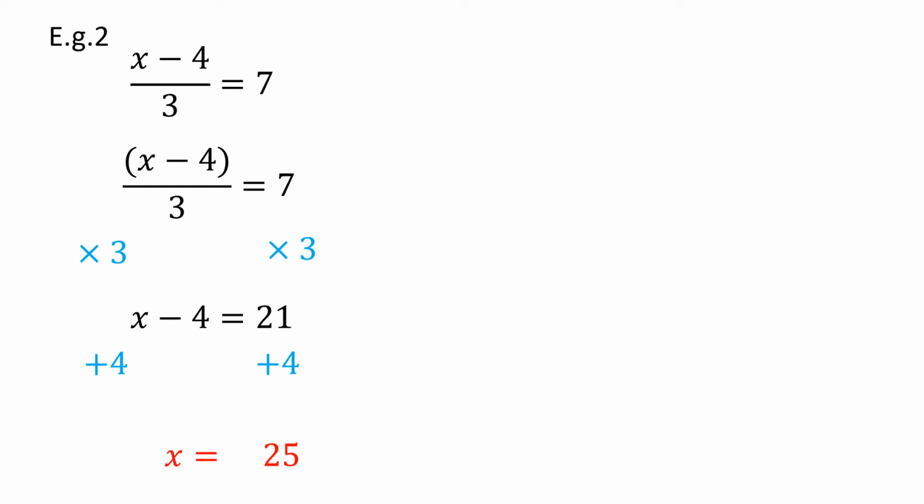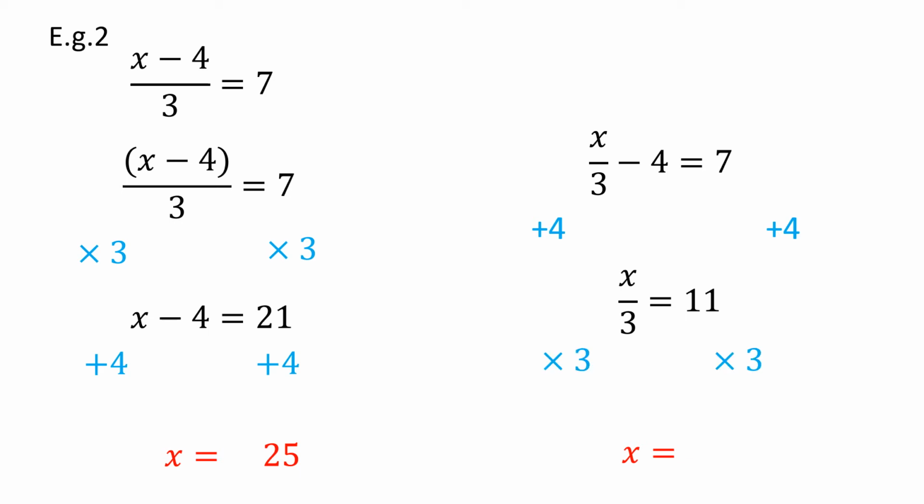So if we were to compare that equation with one that looks very similar, where we have x over 3 minus 4 is equal to 7, in this instance, we would be adding the 4 first to leave us with x over 3 is equal to 11.